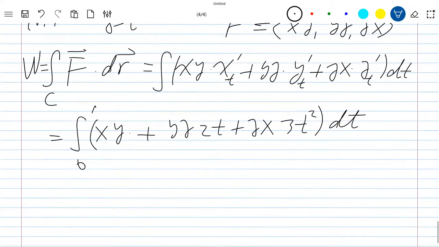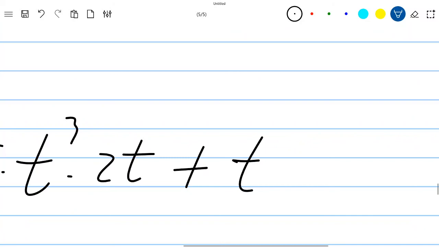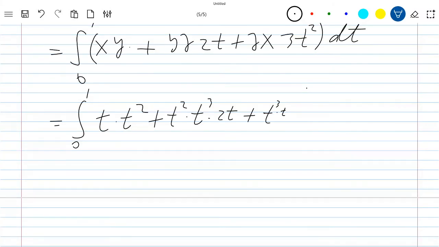Okay, but to actually do it, you have to replace x, y, z by functions of t, because that's along the curve, right? So we see this is t times t squared plus t squared times t cubed times 2t plus t cubed times t times 3t squared.